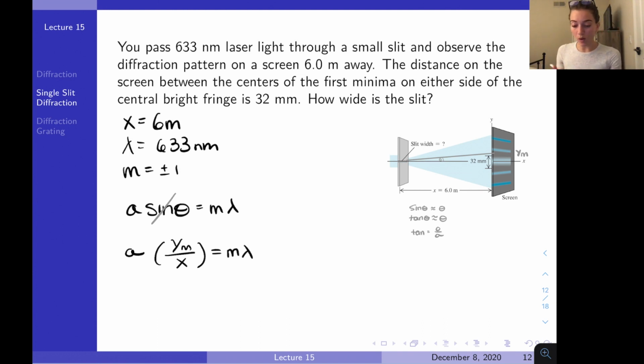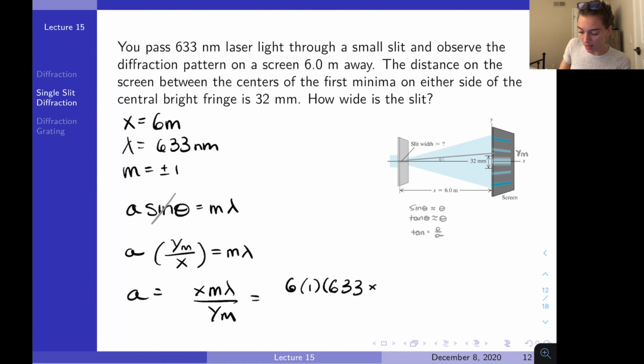And then we want to know how wide is the slit. So we want to look for a. So let's just solve for a here. So we'll have x m lambda over ym. And so now we can start plugging things in. So x we said is 6 centimeters, right? 6, m we said is 1. It's the first dark fringe. Lambda we said is 633 nanometers. And then ym, we know the distance from dark fringe to dark fringe.